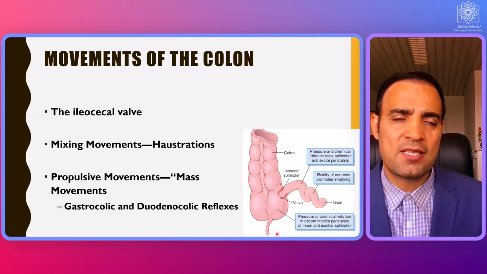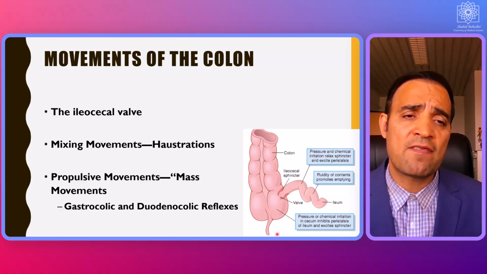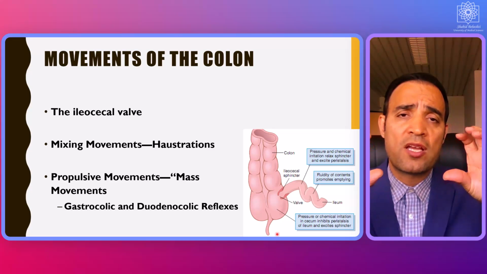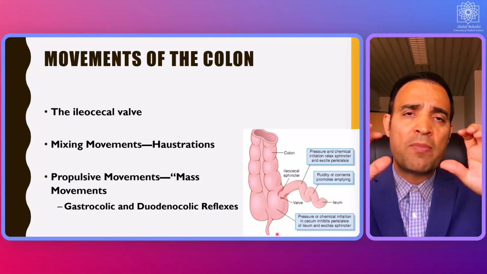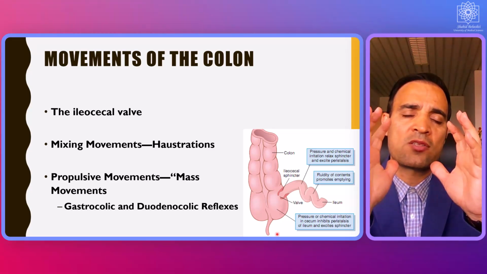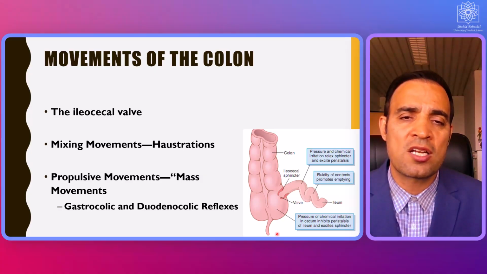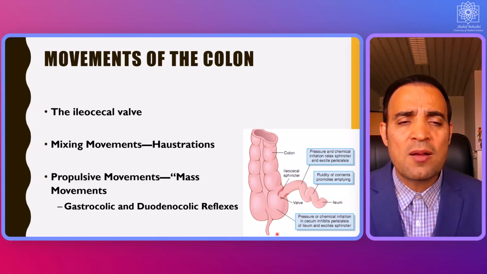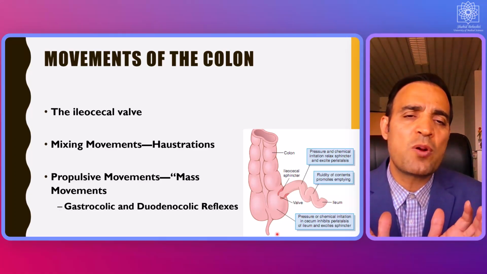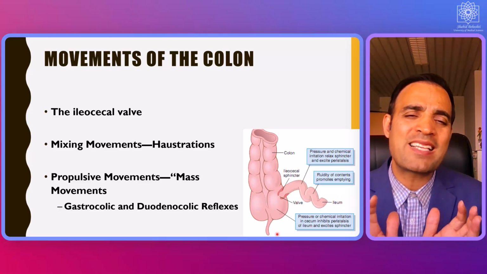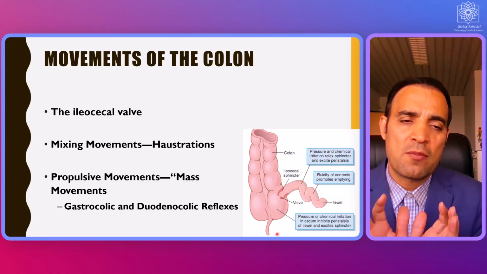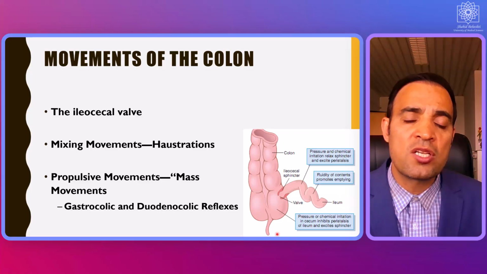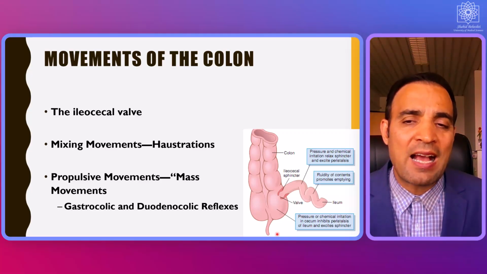In the large intestine, the main type of movement that we have is the mixing movement. Sometimes they are large movements that generate some bag-shaped structures in the large intestine. They are named haustrations. There are also some propulsive movements, mainly mass movement, and again gastrocolic and duodenocolic reflexes.